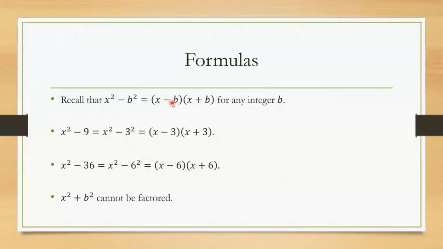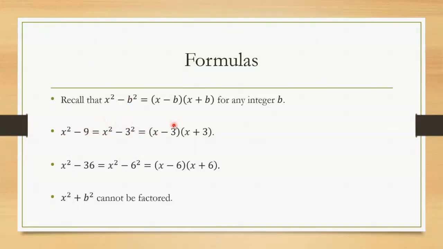Okay? But we can use that because, for instance, what if we had something like x squared minus 9? Well, 9, right, is a perfect square. A perfect square is a number that's equal to another integer squared. So 9 is equal to 3 squared. So we have x squared minus 9, which is x squared minus 3 squared.